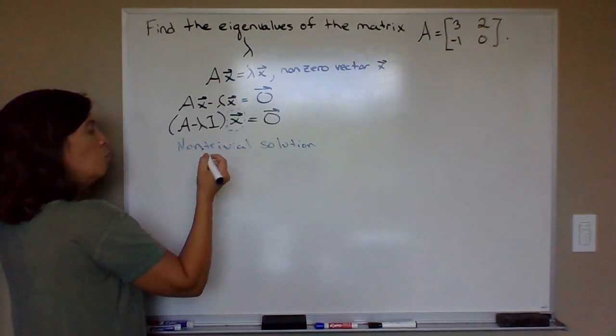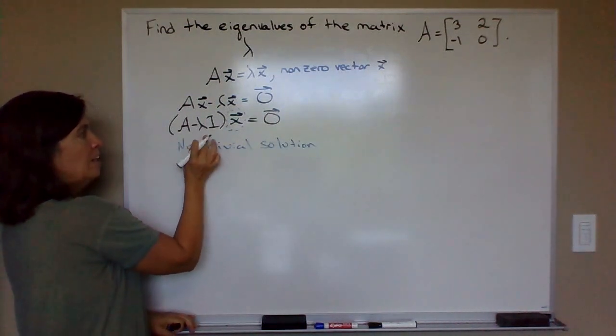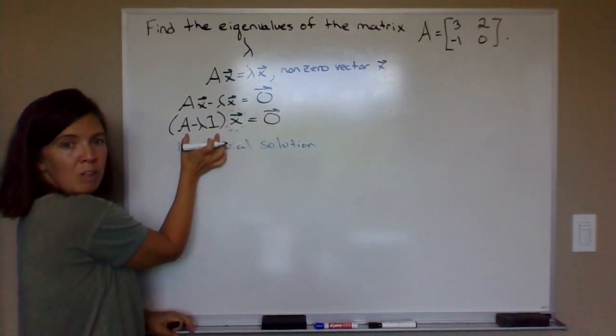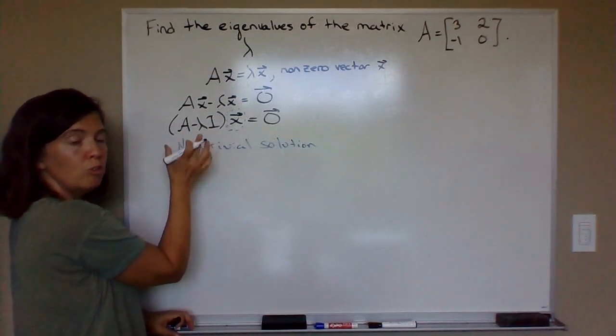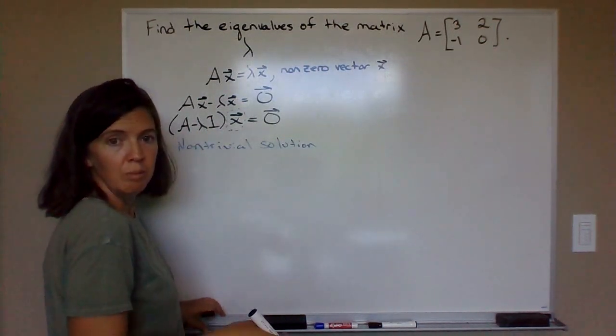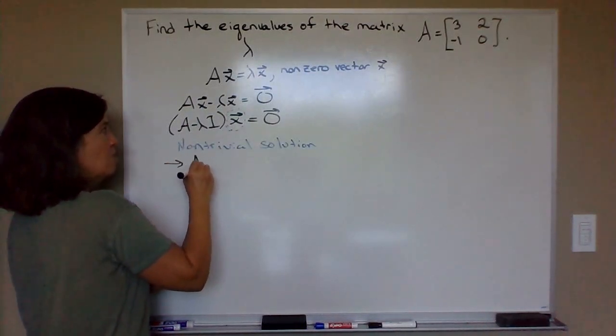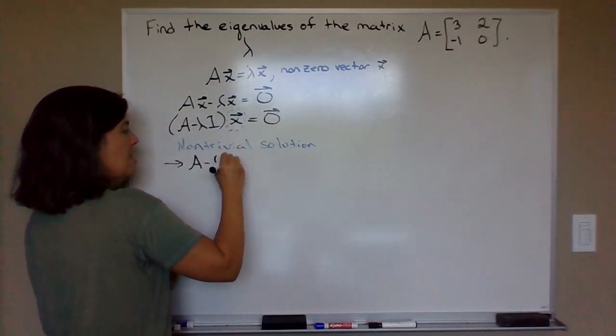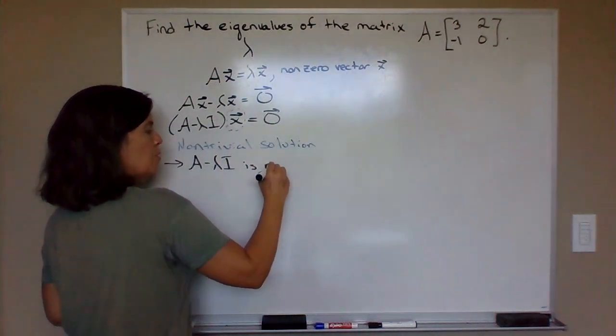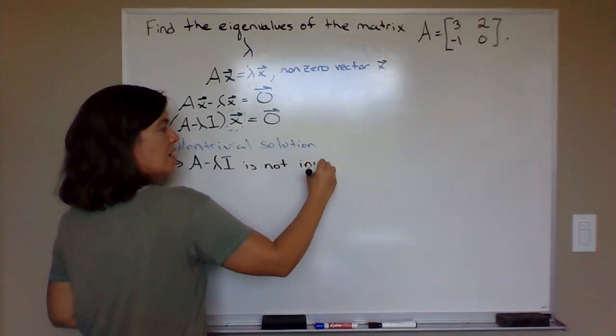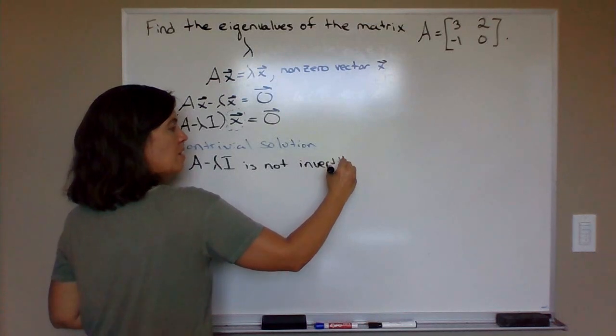equation, which would imply that when we reduce this A minus lambda I matrix, we do not get a pivot in every column. Or maybe another way of thinking about that is this matrix A minus lambda I is not invertible, since it's not going to have a pivot in every column.